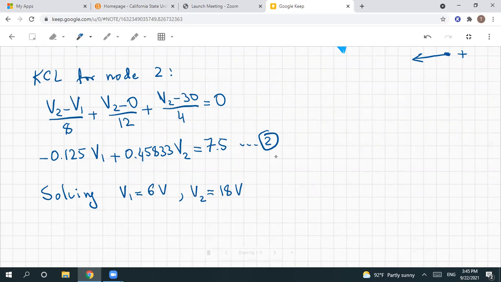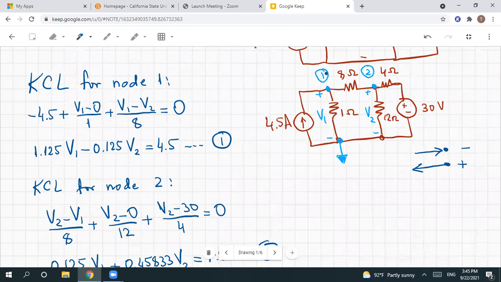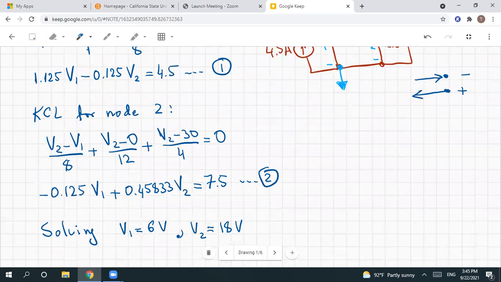These two numbers were the result of the solution of equation 1 and equation 2, and these two equations have two variables, V1 and V2.